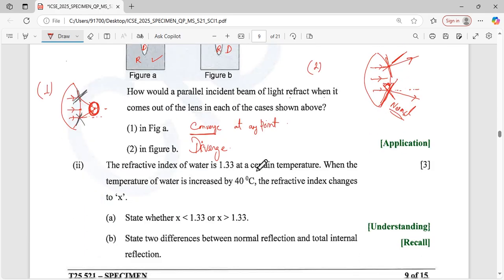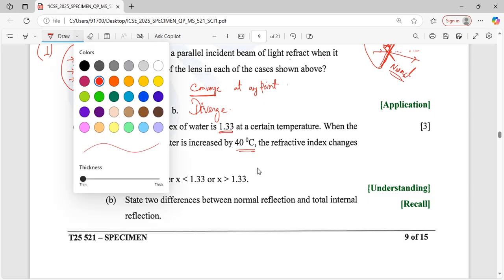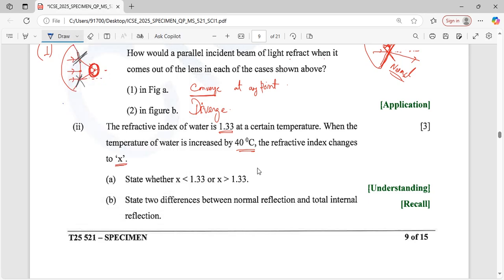Clear. Now in number 2, the refractive index of water is 1.33 at a certain temperature. When the temperature of water increases by 40 degrees centigrade, the refractive index changes to X. Here we see that the refractive index is inversely proportional to temperature.